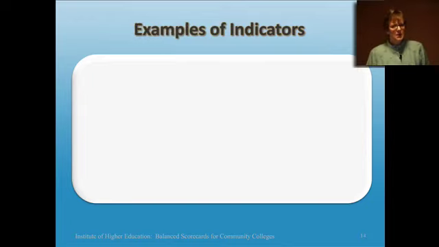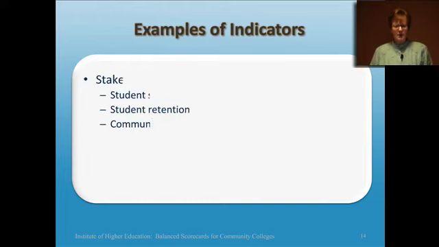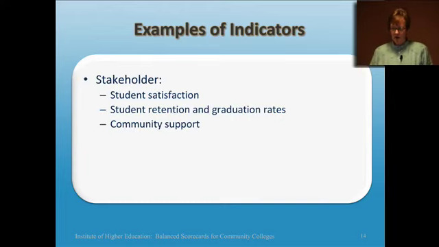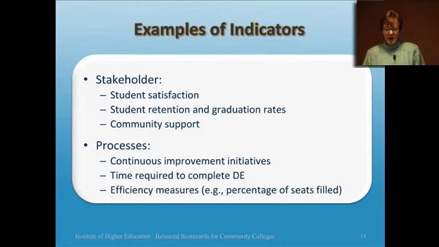Here are some examples of some of the indicators that you might consider in each of these categories. We have things like student satisfaction, student retention and graduation rates, community support. Those might fit into one of these categories. Likewise with processes, we may have things like the time that's required to complete developmental education courses and some efficiency measures and so on.